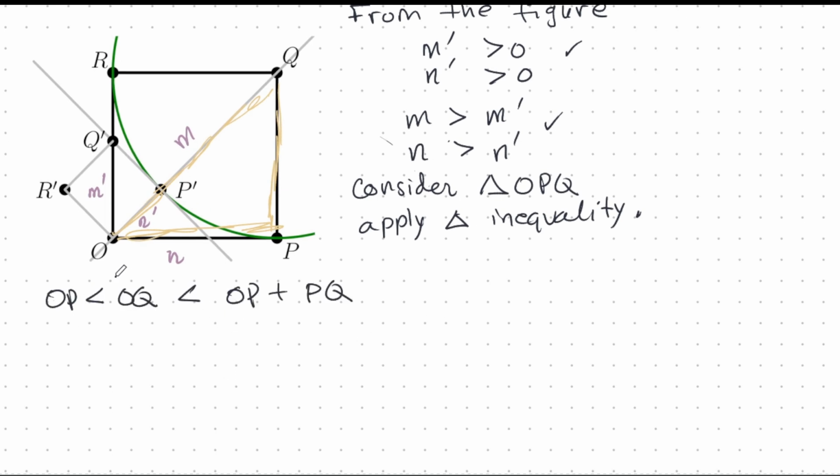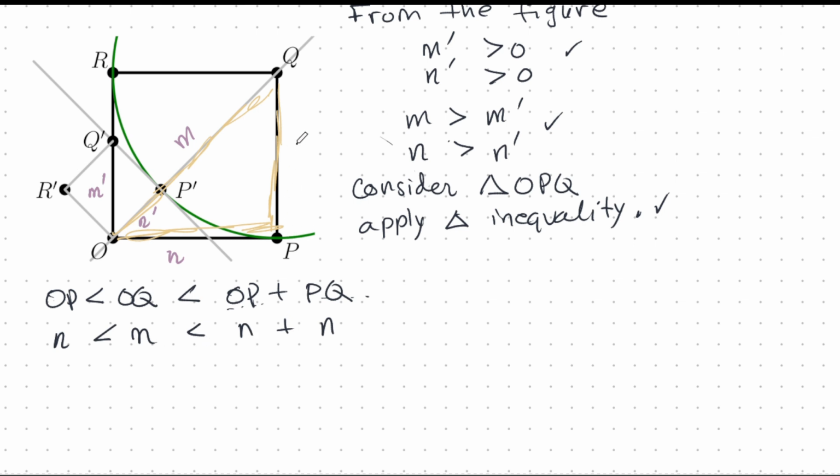So OP is less than OQ. The side is less than the hypotenuse, than the long side of the triangle. Okay, that's true. And that's less than the legs combined, and that's the triangle inequality. So that's true. Written in terms of n and m, I have this.